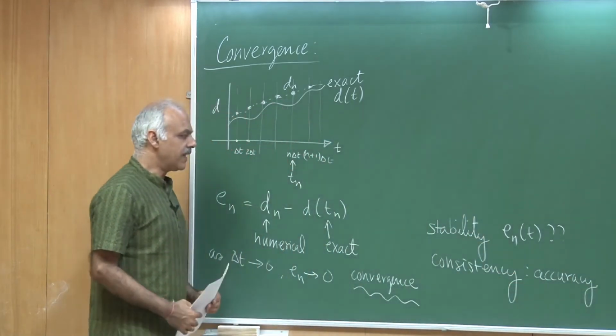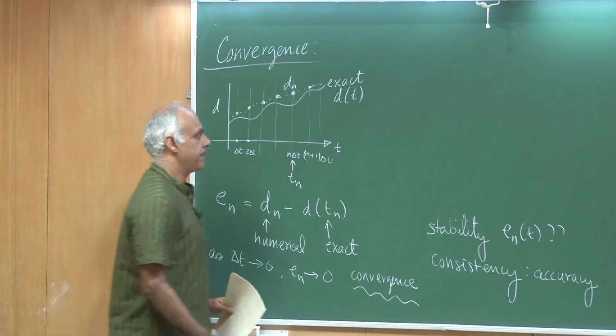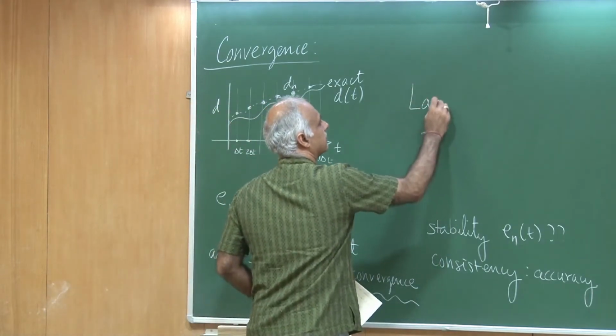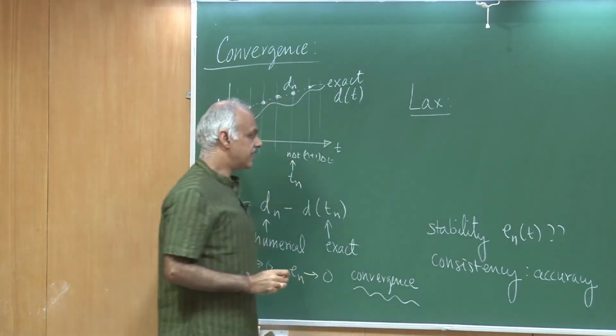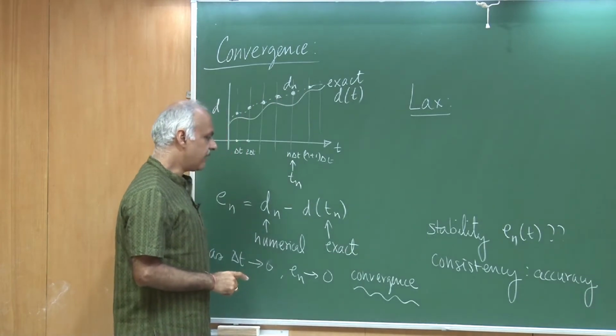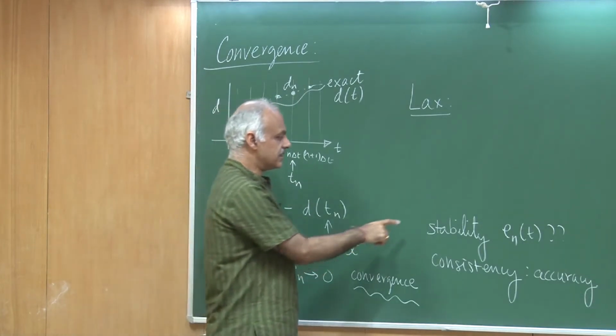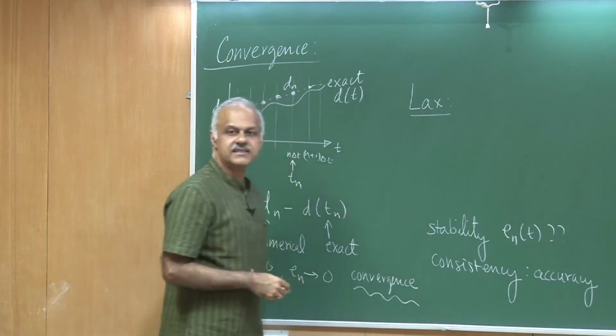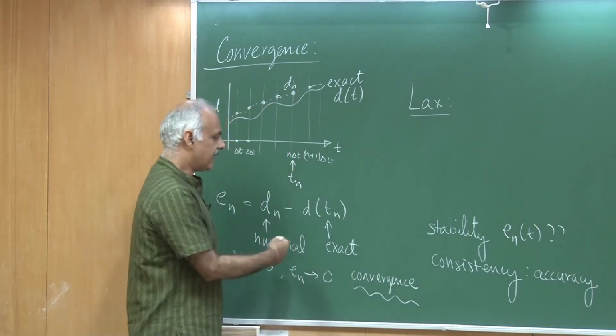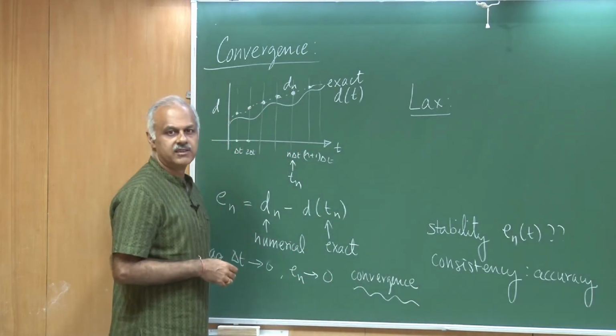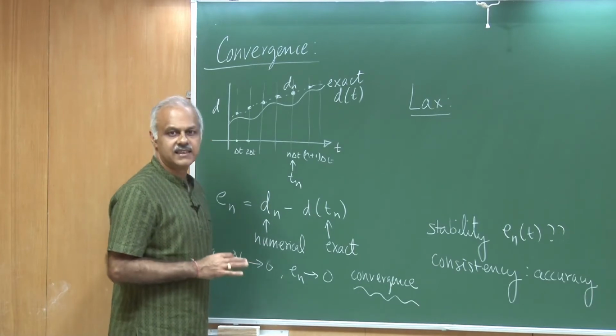There is a theorem by Lax which says that if I have an algorithm which is stable and it is consistent, then I can have a convergent algorithm, at least in certain cases.